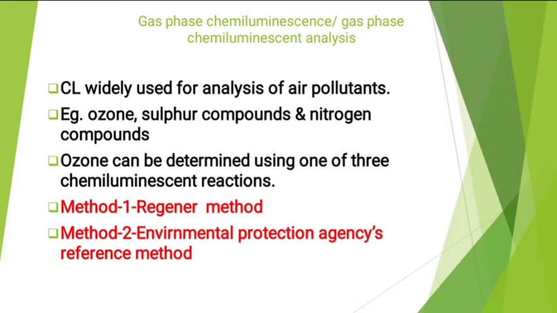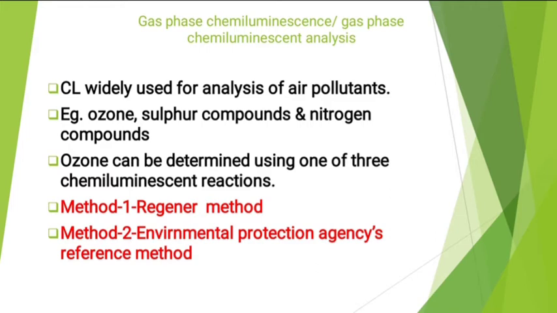Chemiluminescence is widely used for analysis of air pollutants. Chemiluminescence has been used extensively for the determination of gaseous air pollutants. Among the pollutants that are assayed using chemiluminescence are ozone, sulfur compounds and nitrogen compounds.